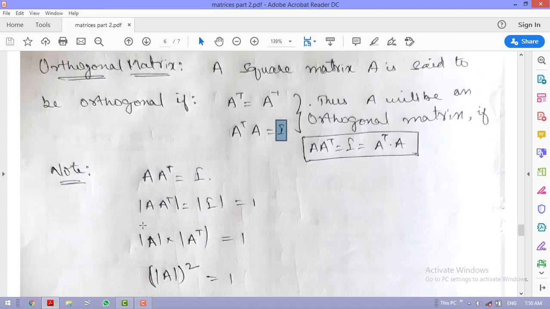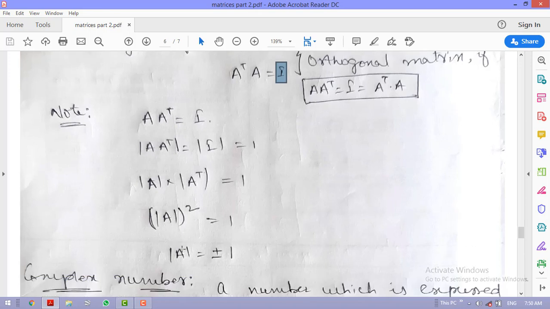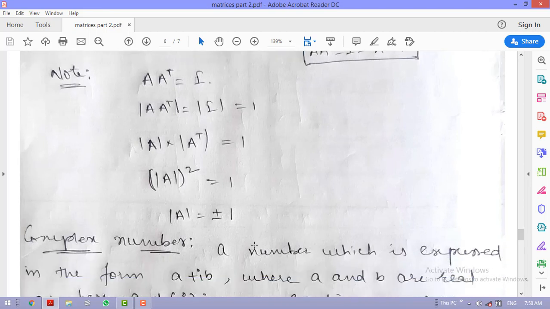If you apply determinant to the matrices separately and then multiply, that will be equal to 1. The determinant of A squared is also equal to 1, so the determinant of A will be equal to plus or minus 1.